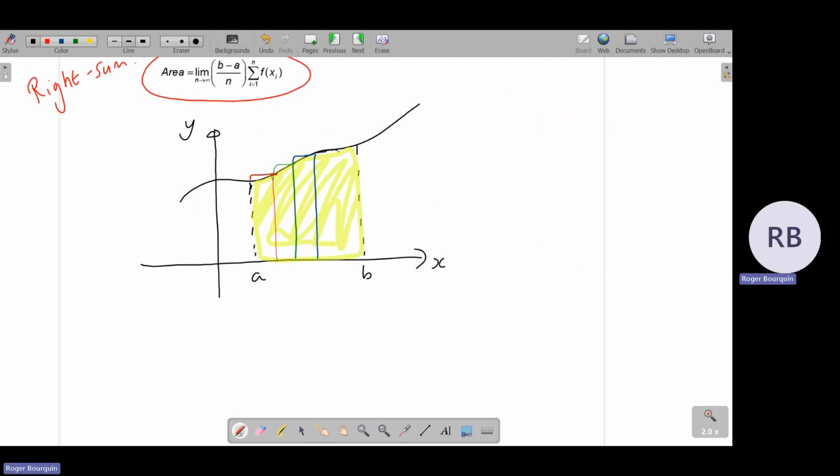Right sum, so use the right boundary of the rectangle. So the Riemann sum is a right sum. I've got all of these rectangles over here.